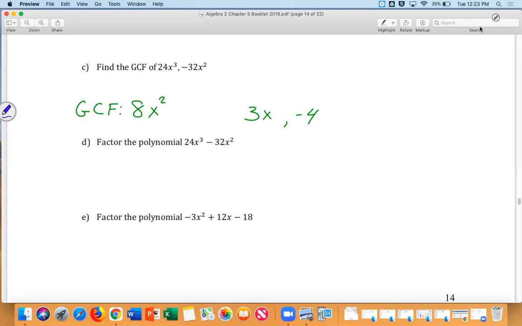So I really wouldn't want to do that. There are occasions, and we will get to it, where you're going to want to factor out a negative because it's going to make your life easier. We'll talk about that when it comes. But when we're doing the GCF for this section, I only want you pulling out positive numbers, okay?